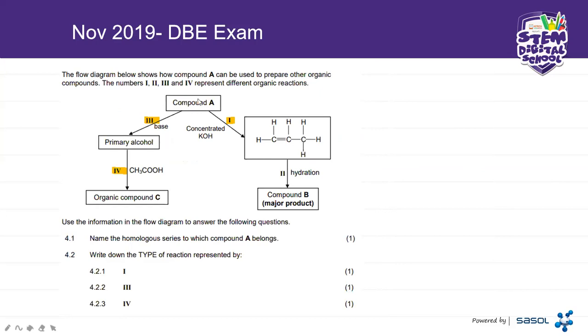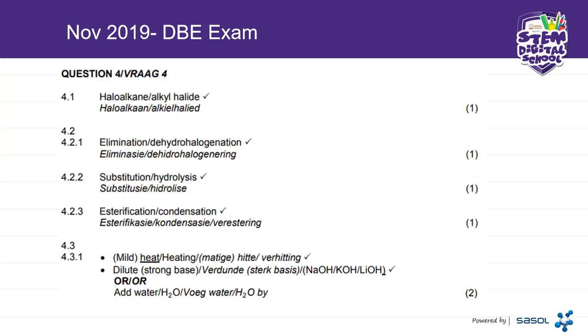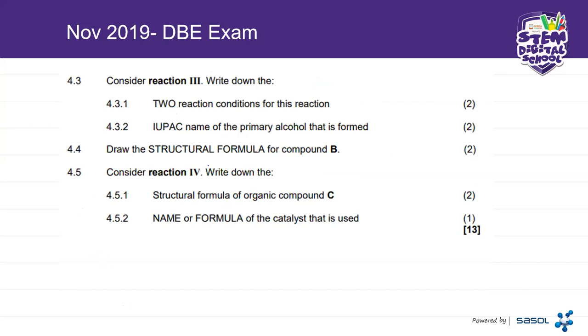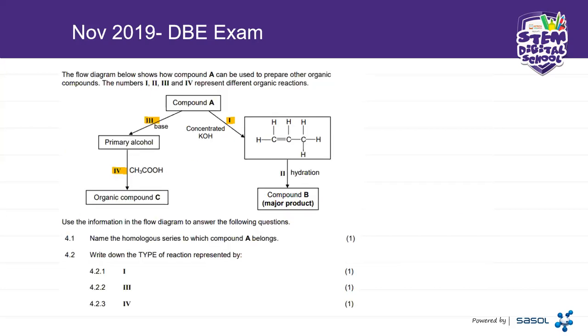Because here, as you can see here, when it's added with the base, it gives you a primary alcohol. Okay, so anything that has an alcohol part, it's going to be your haloalkyne, because it's got our alcohol.